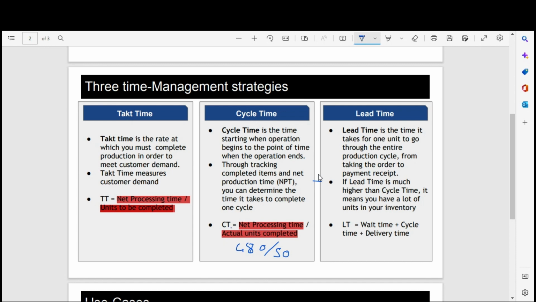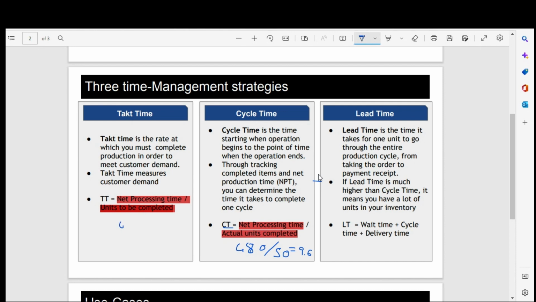So this is the cycle time, which comes to around 9.6. Here the actual takt time is 480 divided by 60, which is 8 minutes. So the customer is expecting you to complete one unit in 8 minutes. However, the production team is actually taking 9.6 minutes per unit.